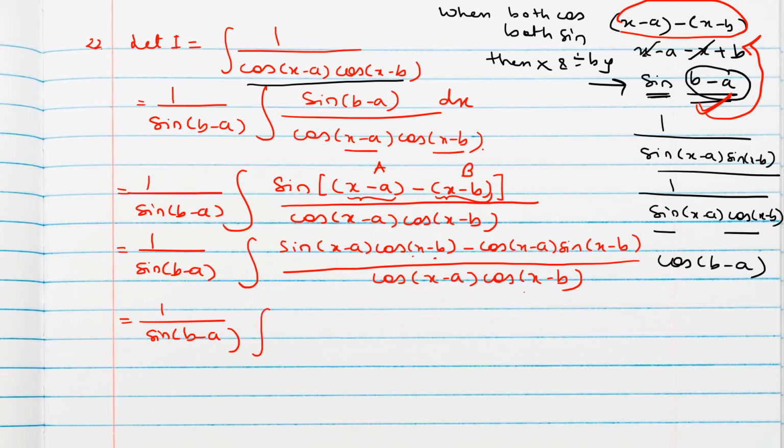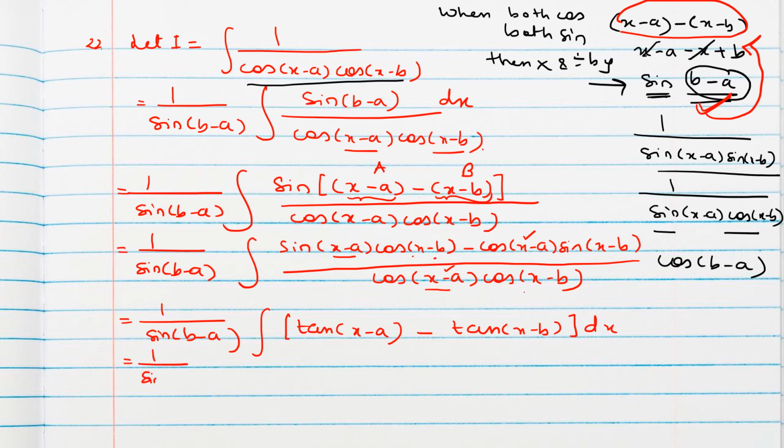So remaining term in first term will be sine x minus a, cos x minus a. That means tan of x minus a. I am skipping one step here. Then if you separate the second term, so cos x minus a, cos x minus a will get cancelled, and sine x minus b, cos x minus b means tan of x minus b dx.